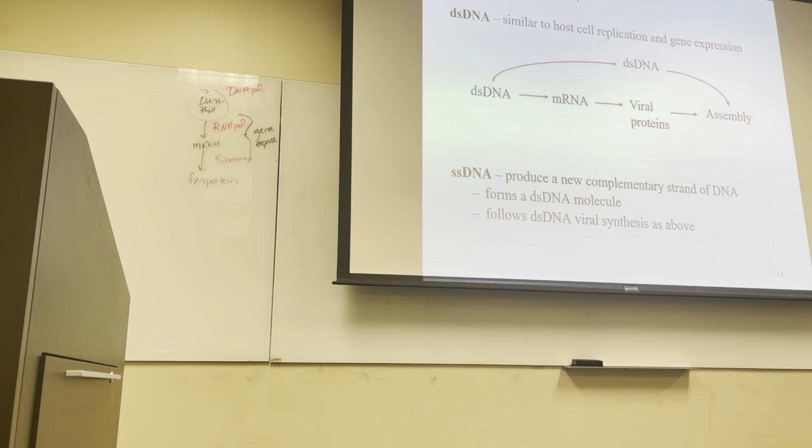And for a double-stranded DNA virus, I'm going to try to give some examples of what this might look like. But let's say ATGCT, let's say that's the genome, but it's a double-stranded DNA virus, right?